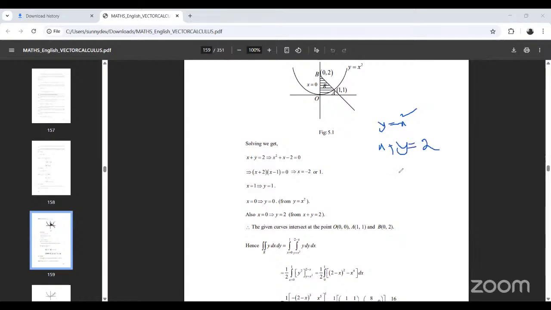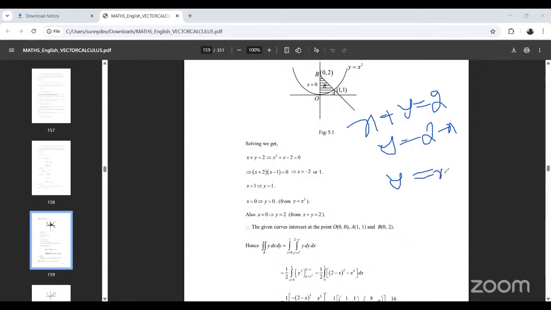From x plus y equal to 2, we can write y equal to 2 minus x. And the other one is y equal to x square.